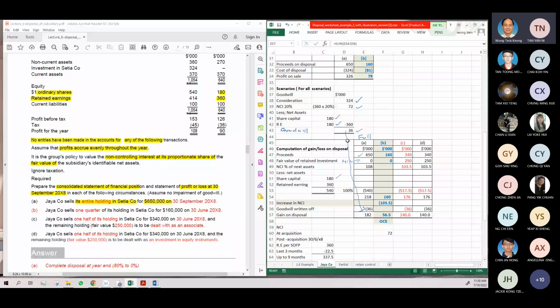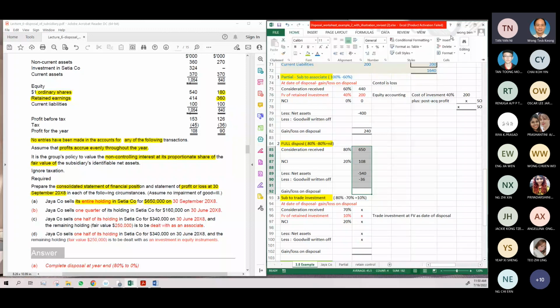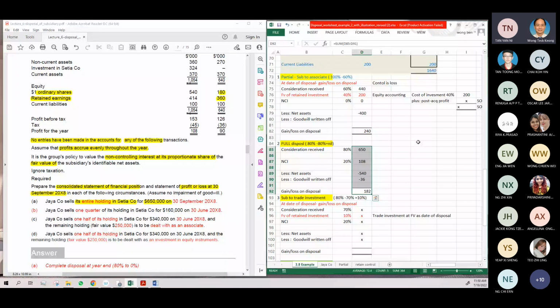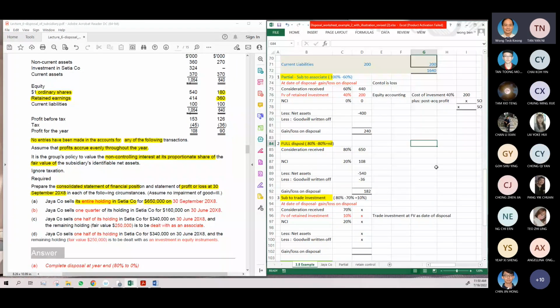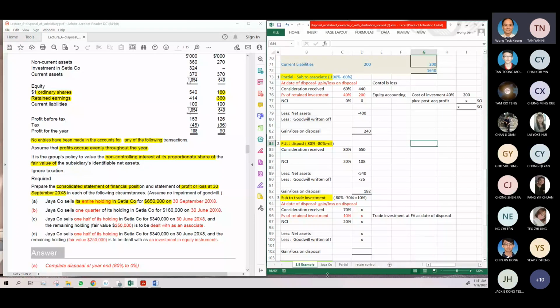Minus 36, 182. So then you must know which type of disposal, okay? 182.